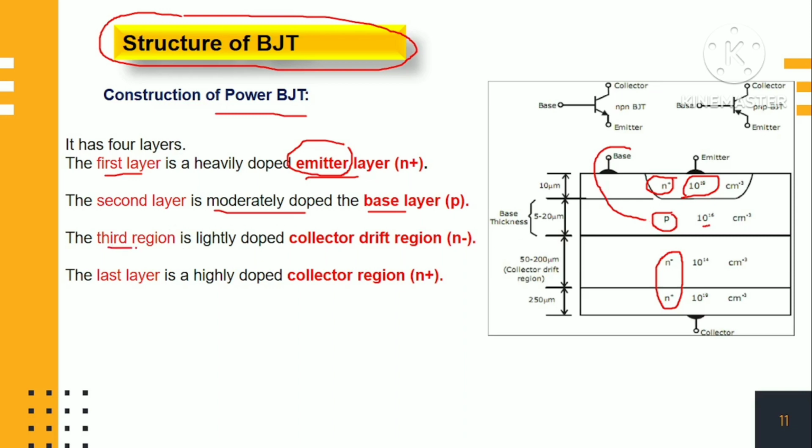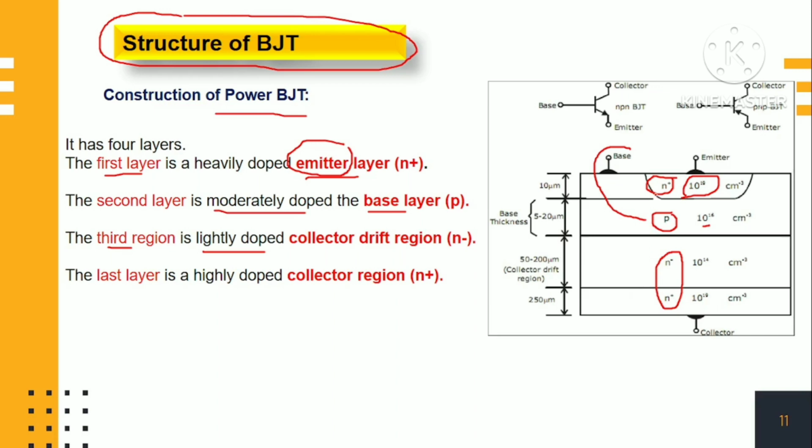The third region is called the collector region, which is very lightly doped with 10 power 14 electrons per centimeter cube. The bottommost portion is also doped with electrons, but at a high concentration of 10 power 19 electrons per centimeter cube.